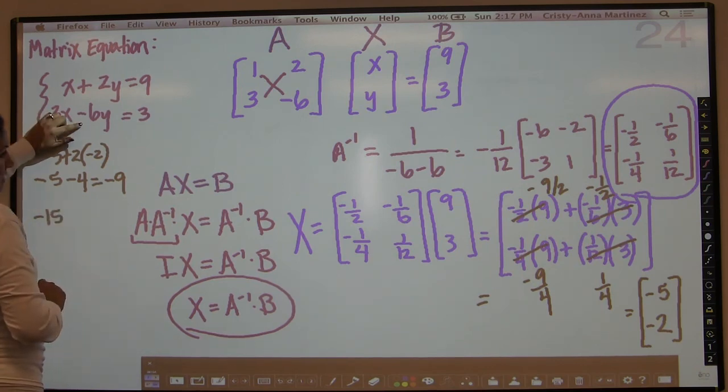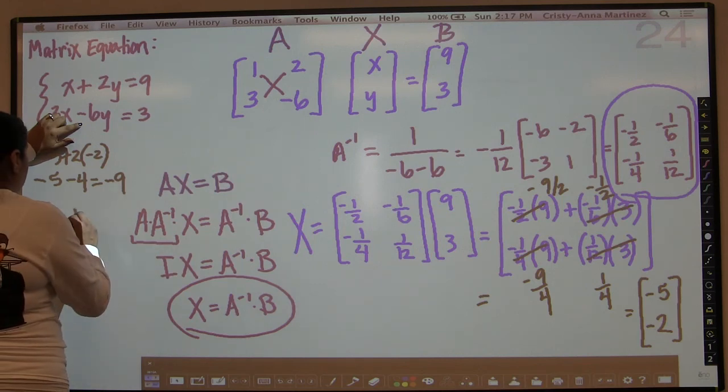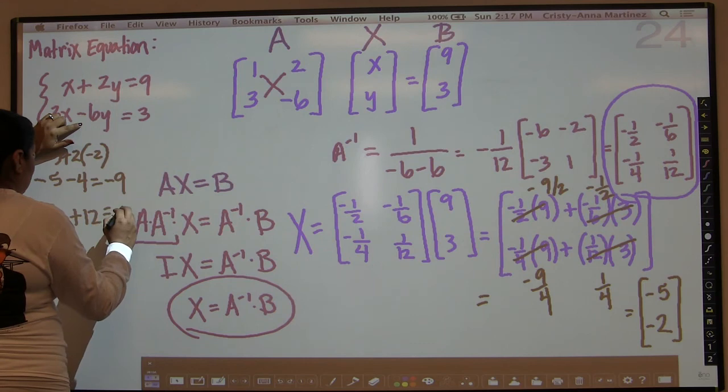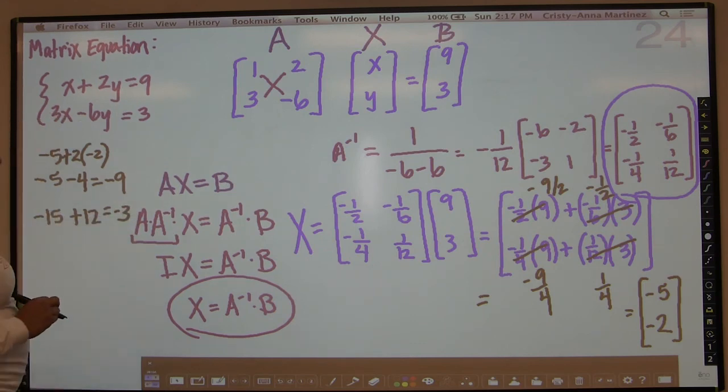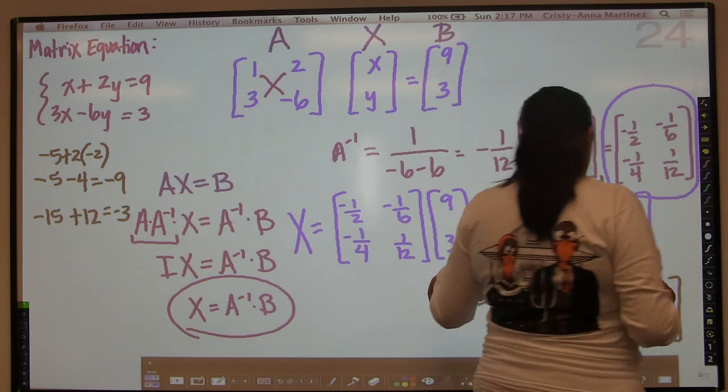And negative 6 times negative 2 is positive 12, sorry. And that's going to give you negative 3. And I'm not really sure why our numbers are backwards. That's not supposed to happen. We got the right values, but they're negative, and that's not right.